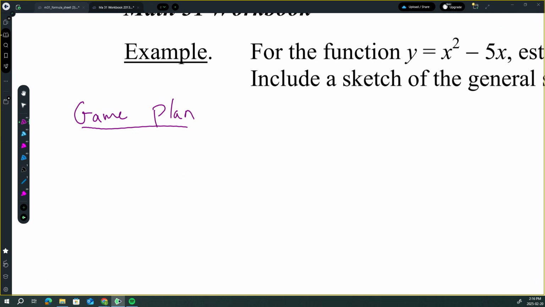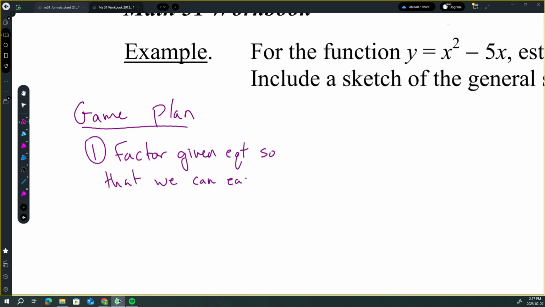We know it's a quadratic equation, so we know we're going to have a parabola. We know the coefficient in front of the x squared term is positive, so it opens up as well. Okay. So step 1, factor the given equation.